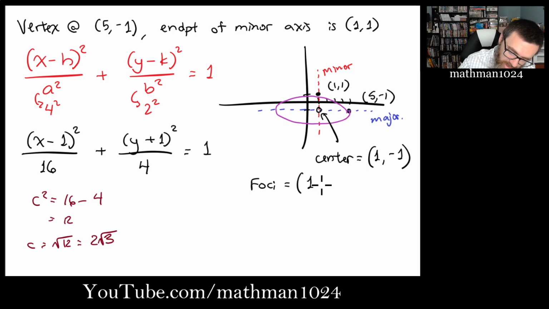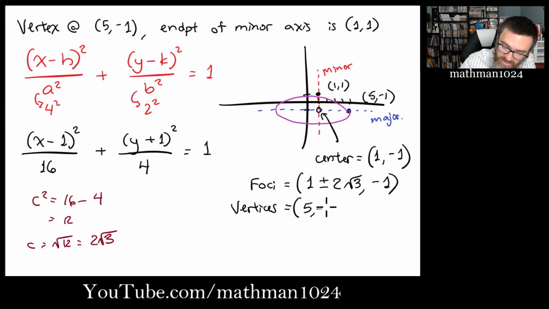So that's going to be plus or minus 2 square roots of 3, comma negative 1. The vertices, we already know one is 5, negative 1. The other one is going to be 4 units to the left of this guy, so that's going to be negative 3, negative 1. The length of the major axis is going to be 2 times 4, which is 8.